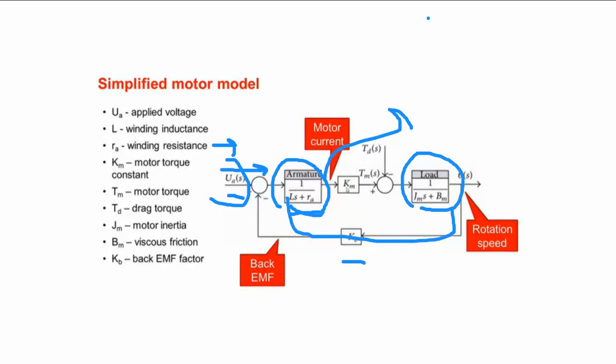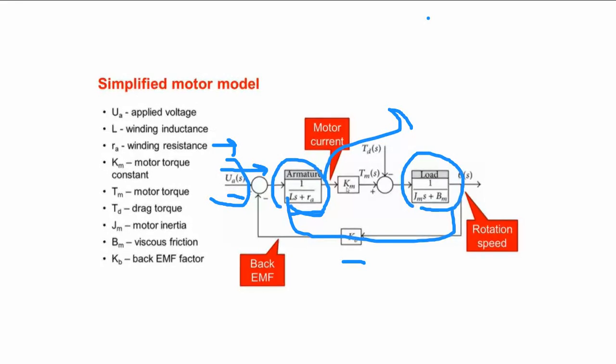So the DC motor rotates and supplies voltage to the battery. It is a generator, like a wind turbine. So we call them machine, not motor. Okay.